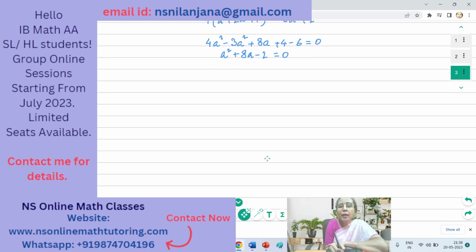So I don't think I can factorize this expression, hence I have to go for the quadratic formula. a is equal to minus b, so it is minus 8 plus minus under root b square, that is 64, 8 square is 64, minus 4 times a times c, so 4 times 1 times c is negative 2, over 2a.